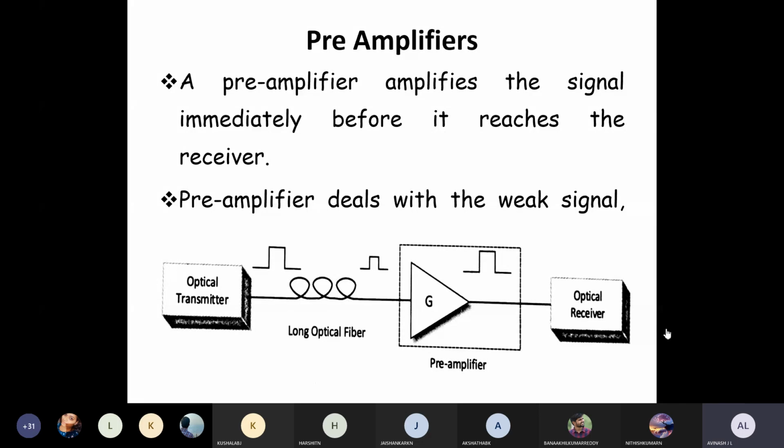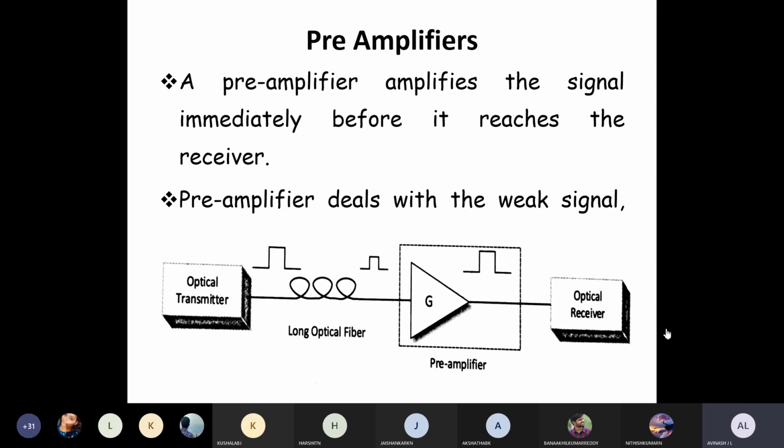That high intensity signal is passing through the long optical fiber. Once it is traveling in the long optical fiber, what is the condition? What happens next? Next thing is very simple. The intensity level of the signal will get reduced.